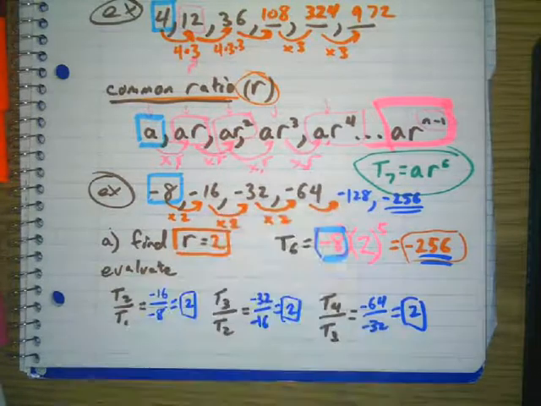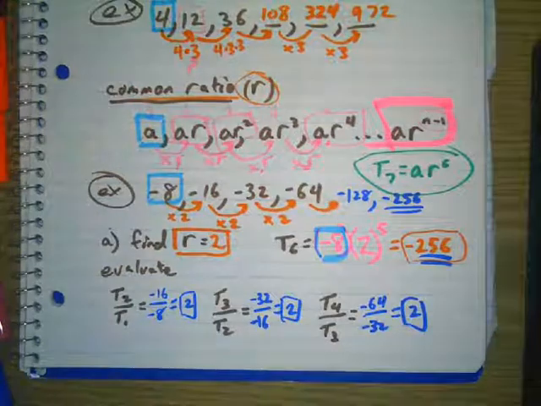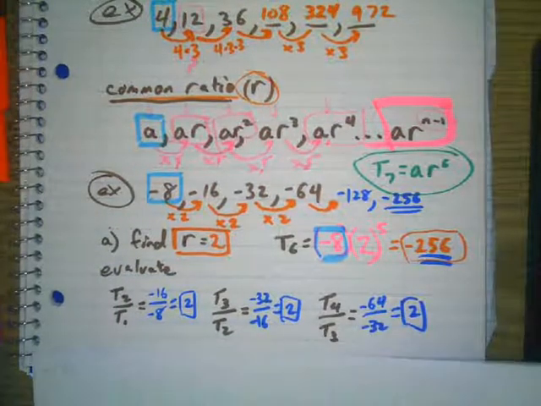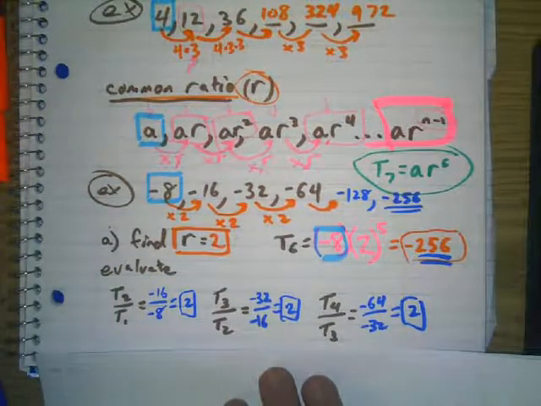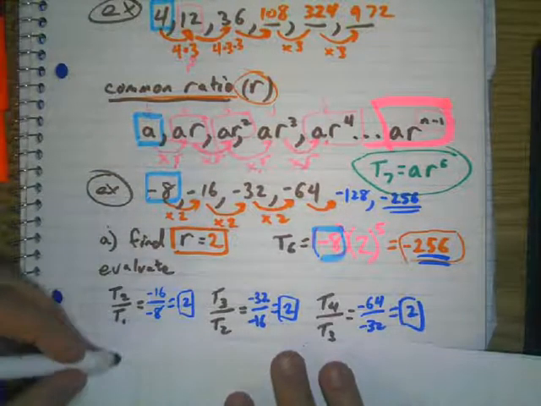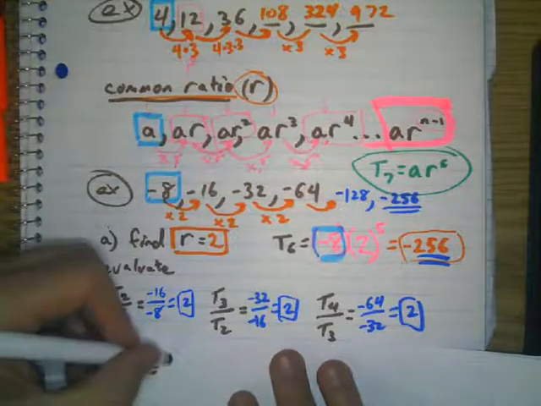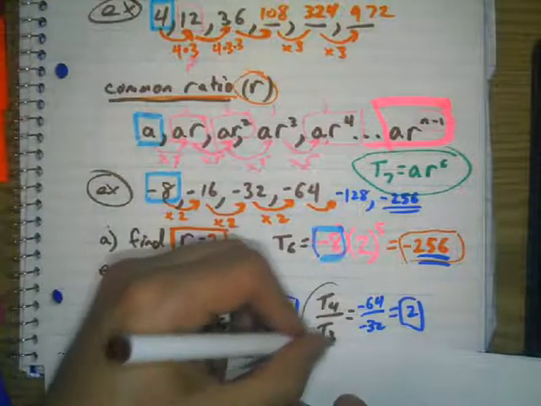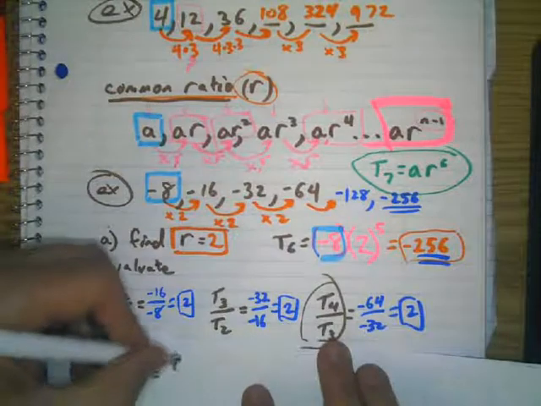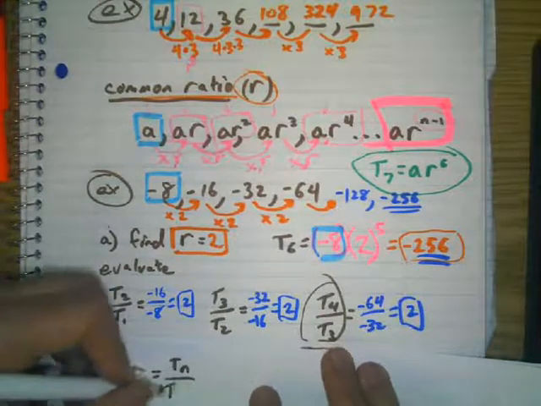So what did I just figure out with this example here? What we just figured out is that for any term, I can figure out that R is equal to any term, let's call it t_n, divided by t_(n-1), right?